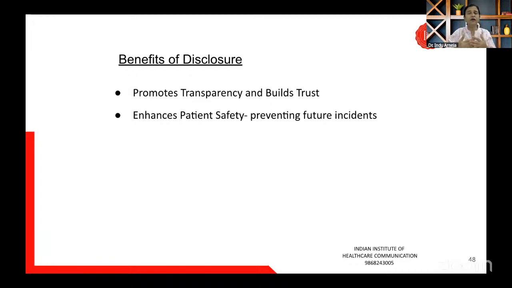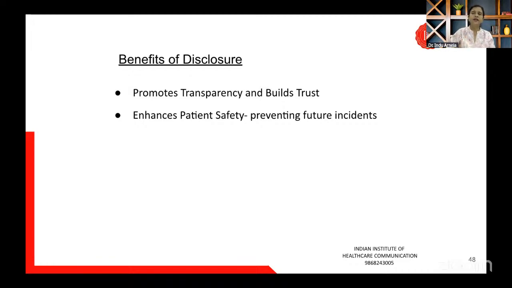See, when we make a mistake and we don't tell anybody, neither our team, nor our seniors, nor the patient or their family members, there is a possibility the same error may be happening with others. But nobody is admitting, nobody is sharing, nobody is telling. So automatically the future incidents will not stop.